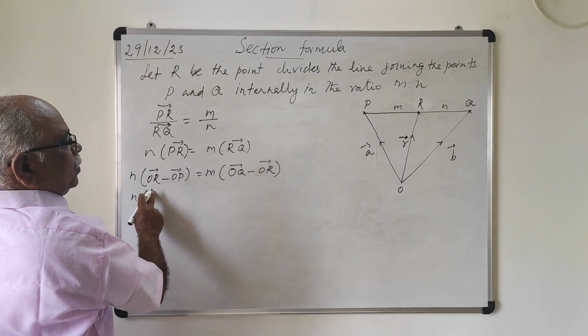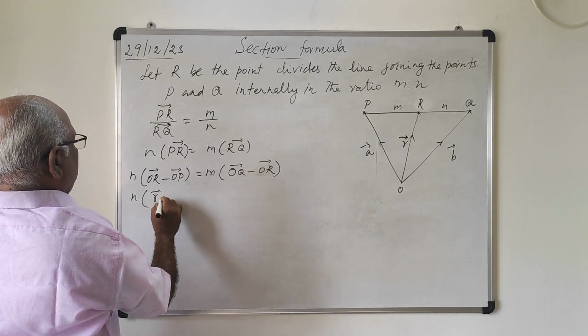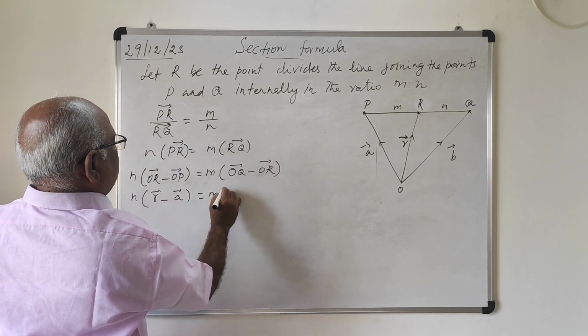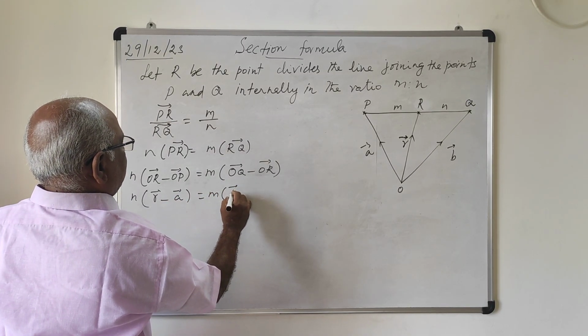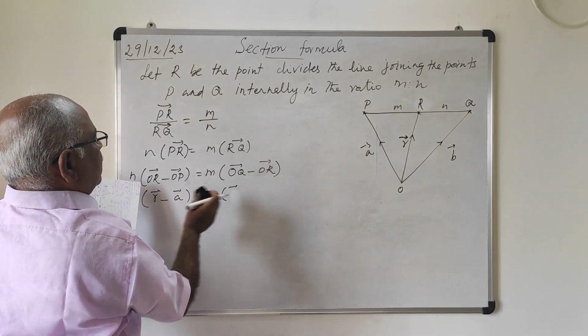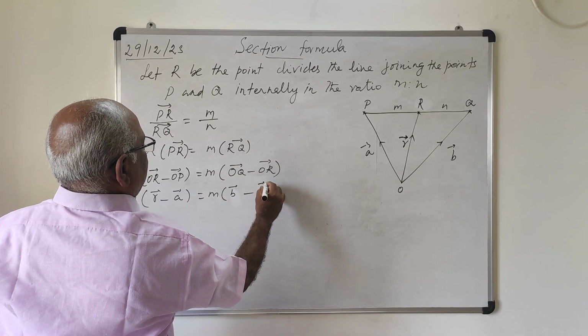So n into (OR, which is the R vector with respect to origin O, minus OP, which is the A vector) equals m into (OQ, the position vector B, minus OR, the R vector).